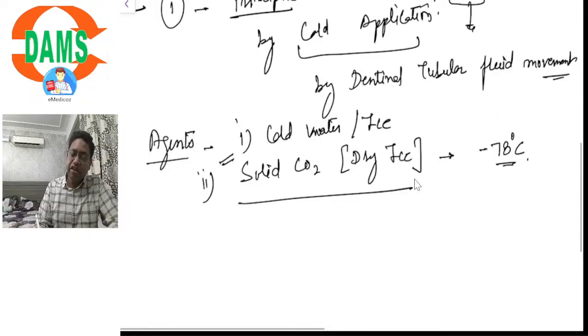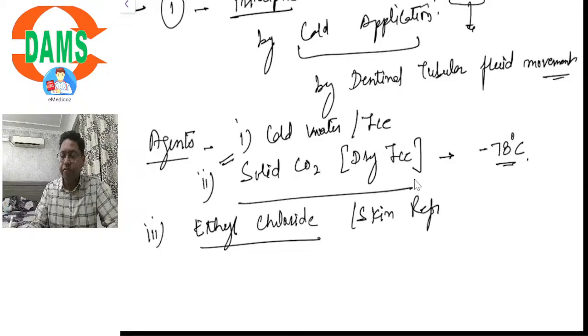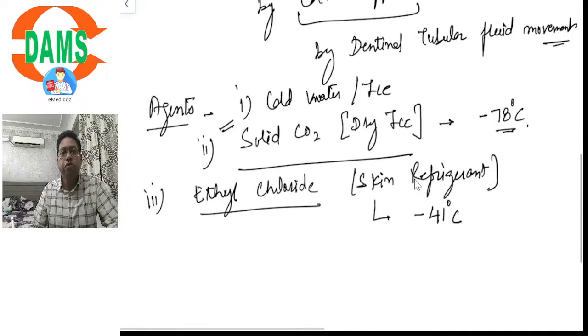Okay. Then the other agent is ethyl chloride. This ethyl chloride is also called skin refrigerant. This ethyl chloride or skin refrigerant has a temperature of negative 41 degrees Celsius. It is also quite cold.